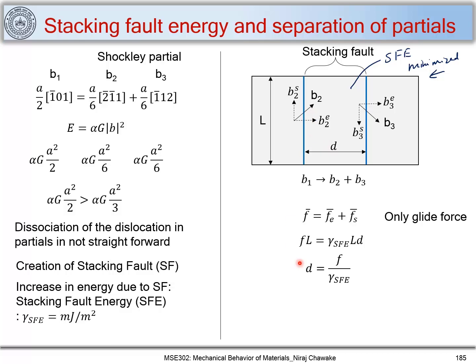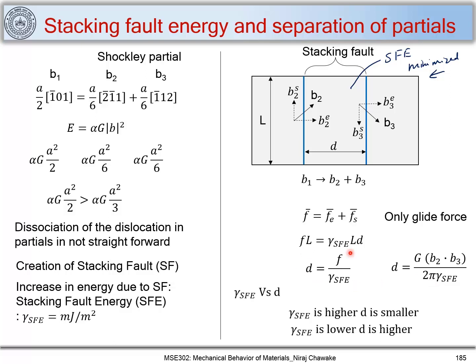The equilibrium separation between the two partials is given as D = F/gamma SFE, and to quantify this, F is G (B2 · B3)/2π. The implication of this relation is that when gamma SFE is higher, D is smaller.